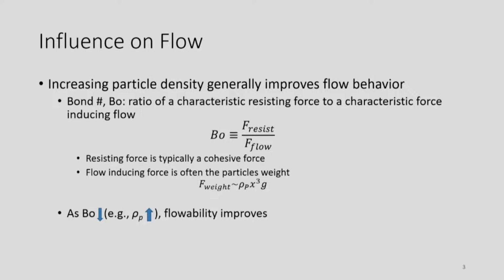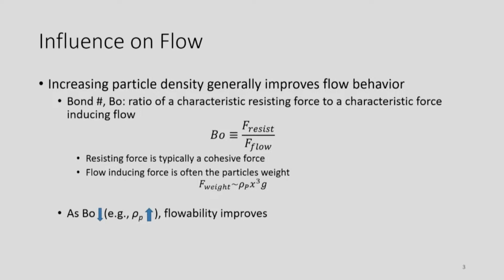A simple example is the Bond number, which I briefly mentioned in one of the lectures. That's the ratio of the resistance to flow, the inertial and the viscous forces.